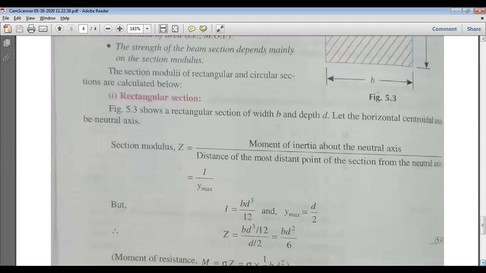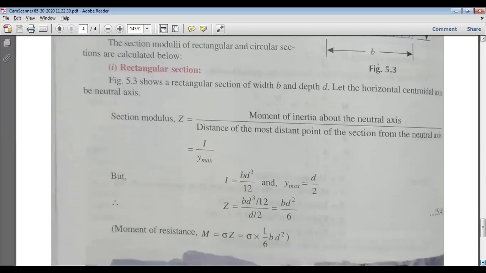Then we know the moment of inertia, or second moment of area, is BD cube by 12. Substituting this value, with y max equal to D by 2, we find the section modulus as Z equals BD square by 6.